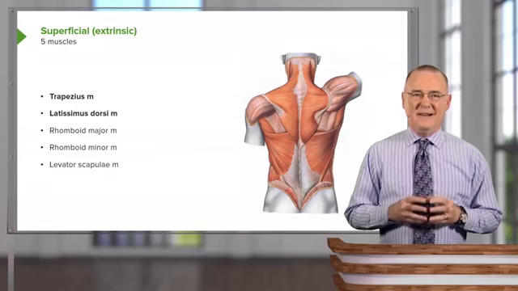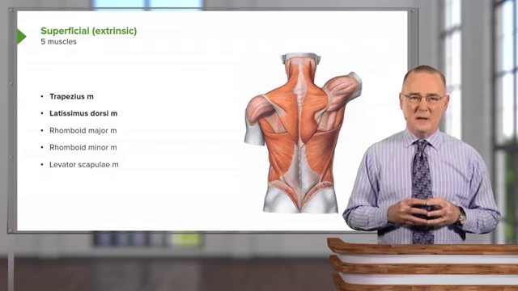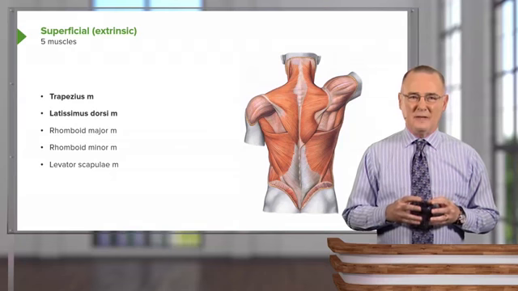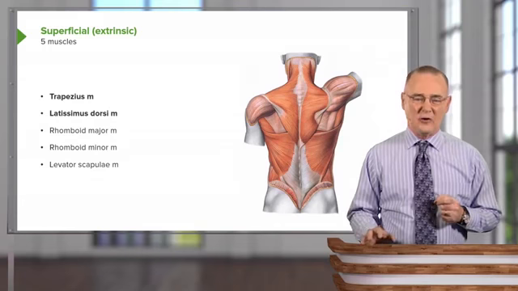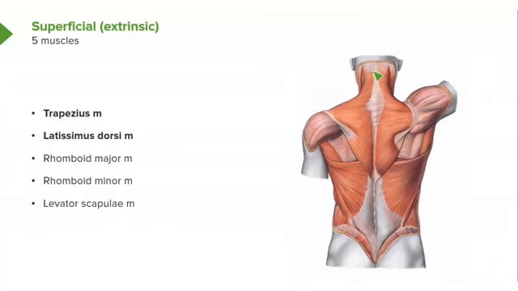Here is a listing of the 5 muscles that make up the superficial layer. We have the trapezius muscle and the latissimus dorsi muscle. Both of those are seen in this particular illustration. Here's our trapezius. It occurs on the opposite side as well. And when we follow the contours of the trapezius, it does form a trapezoid shape.